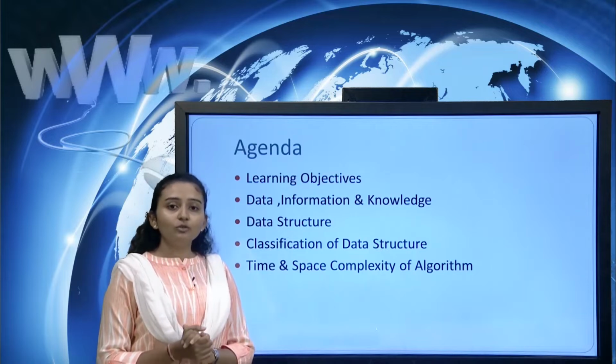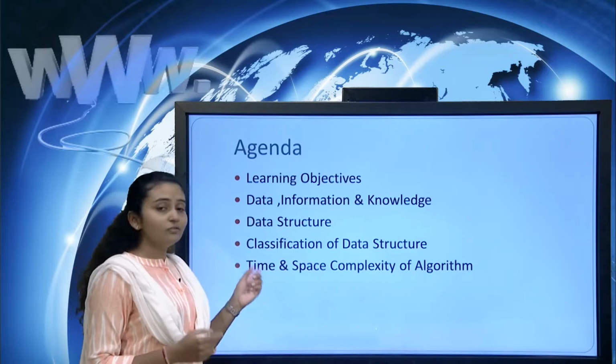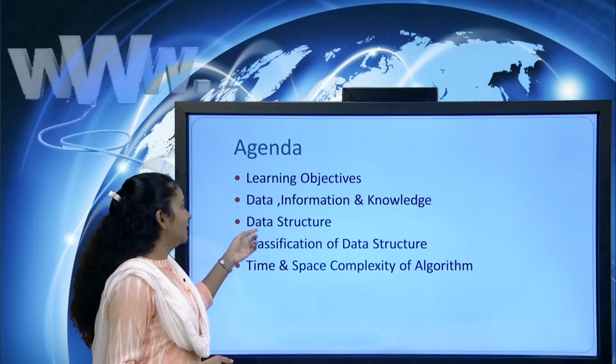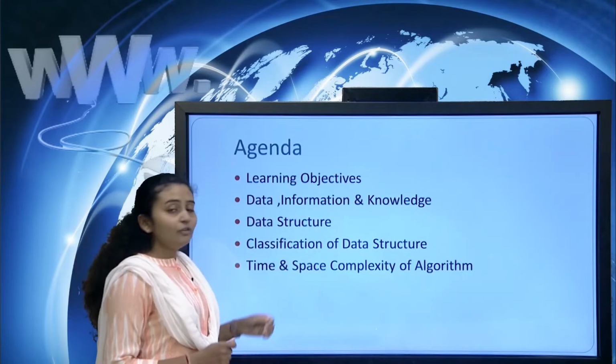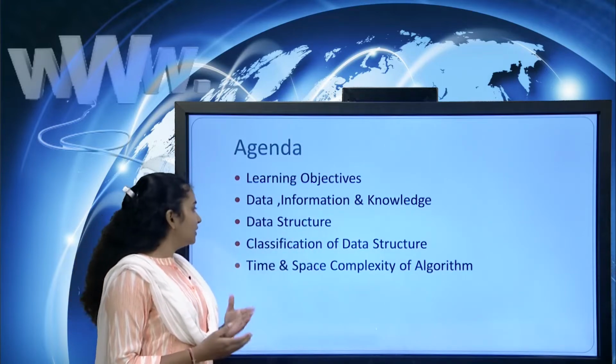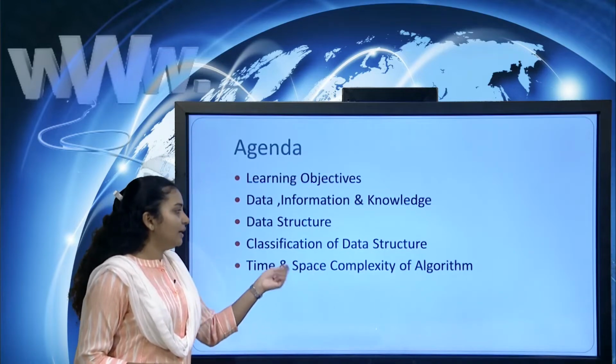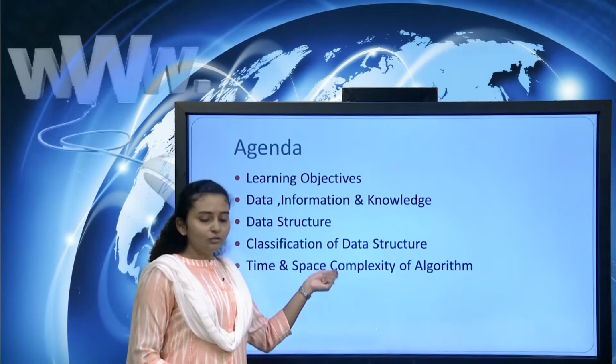Today we are going to learn the learning objectives of this chapter, then data, information and knowledge. Then we will understand what is data structure. Then we will classify the data structures and see time and space complexity of algorithms.